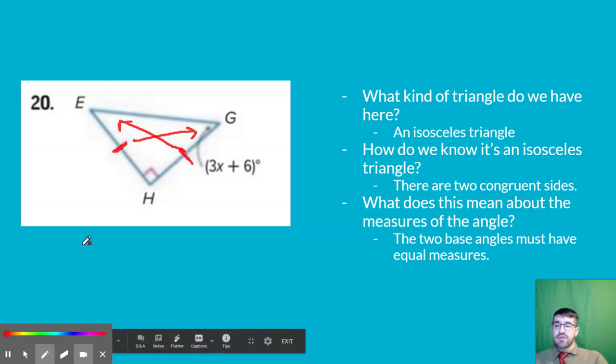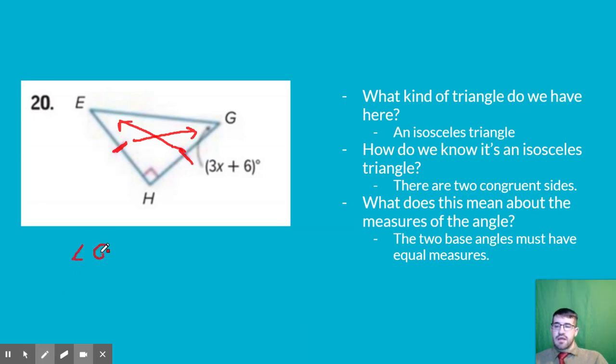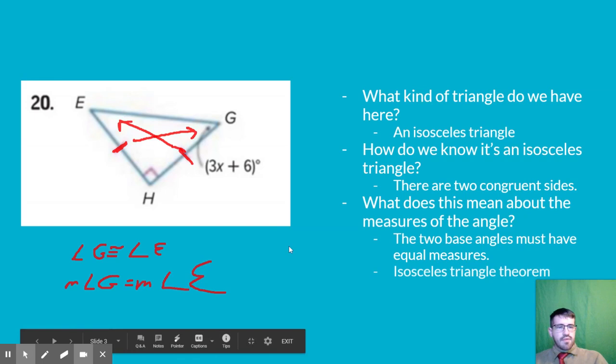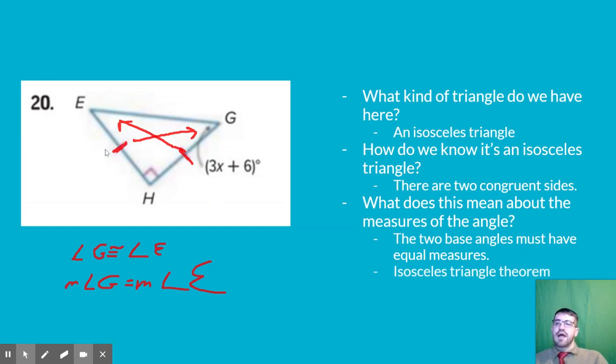So you could write angle G is congruent to angle E, or that the measure of angle G equals the measure of angle E. And we know that by the isosceles triangle theorem, which says if we have a pair of congruent sides, then the angles opposite those sides, the base angles, are congruent.